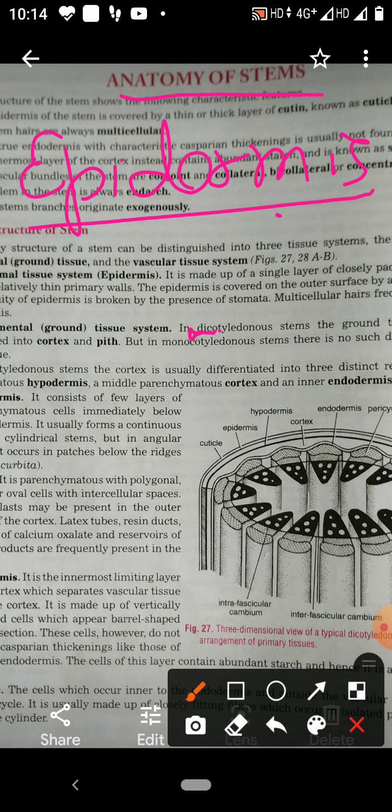Epidermis is thin, but it has a thick layer of cuticle on its outer surface.